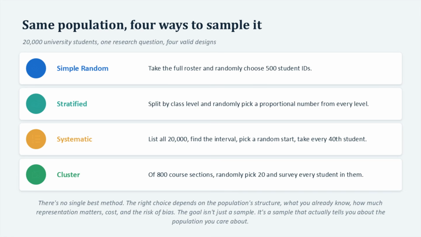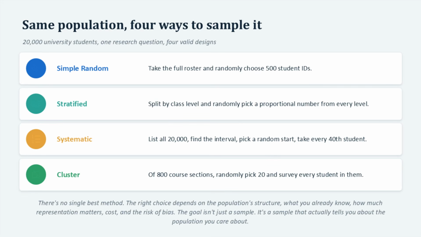If I divide the students into freshmen, sophomores, juniors, and seniors, and then randomly select a proportional number from every class level, that's stratified sampling. If I put all 20,000 students into an ordered list, calculate my sampling interval, choose a random starting point, and then select every 40th student.